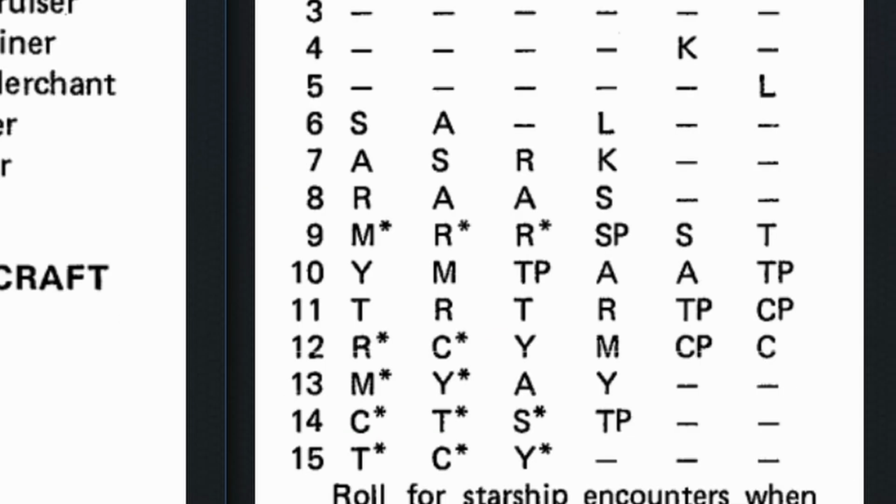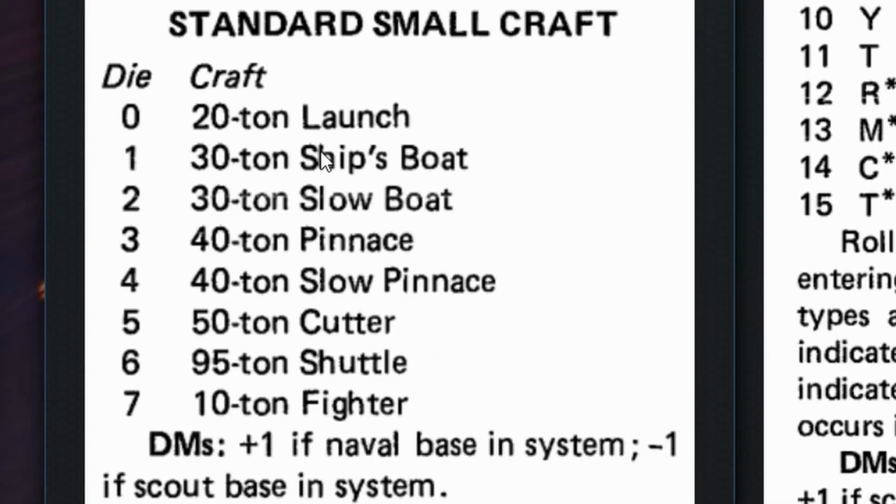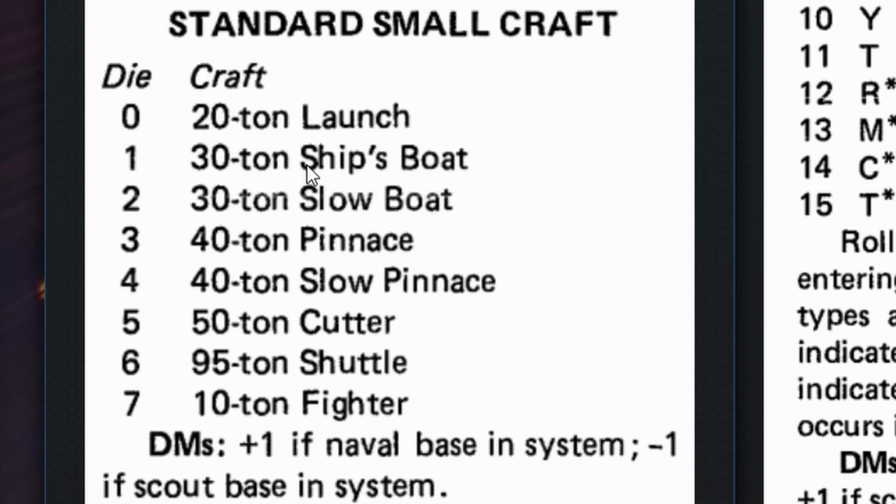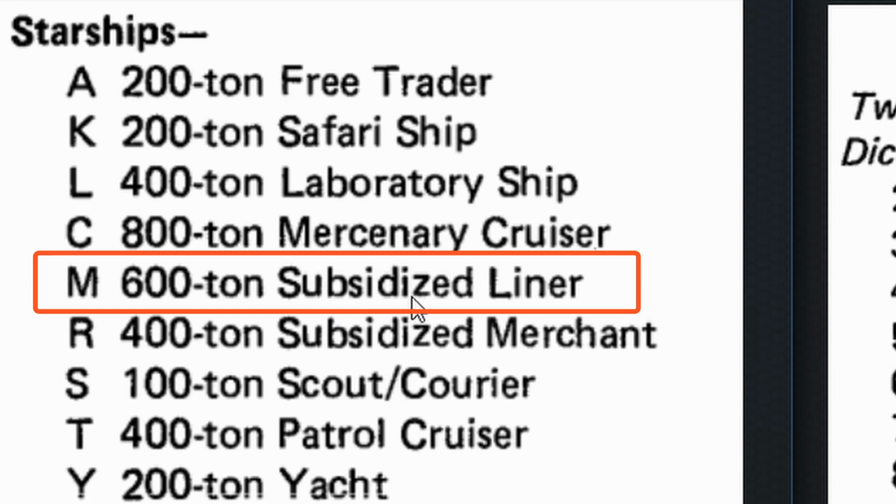So if, for example, I would have rolled a C with an asterisk over here, then I would have rolled again a 6-sided die, and +1 if there's a naval base in the system, -1 if it's a scout base. That's how you can get to 0 there. And then I would just roll one 6-sided die and see what kind of small craft. But we don't have that. We only have one. We have this 600-ton subsidized liner.